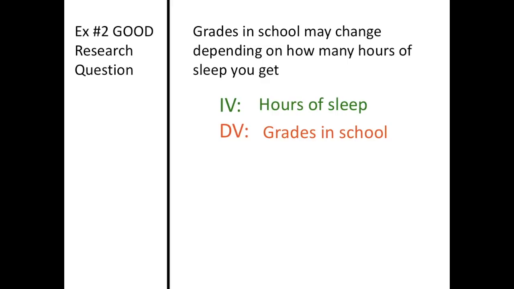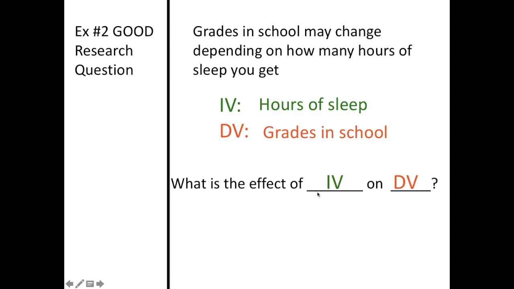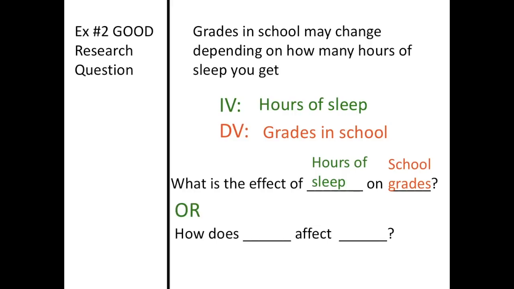For your research question, you have two different formats, and for the first one, all you would need to do is replace the hours of sleep into the independent variable, so you get what is the effect of the hours of sleep on school grades. And the second question would be, how does hours of sleep, or how much a person sleeps, affect school grades?